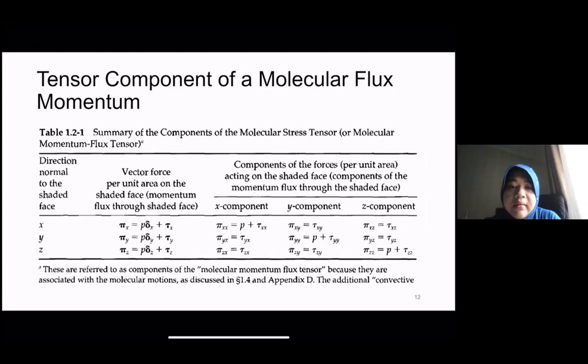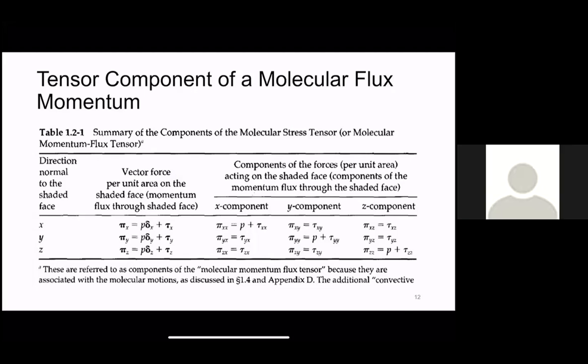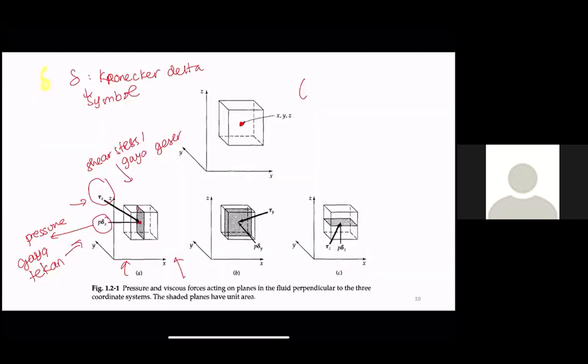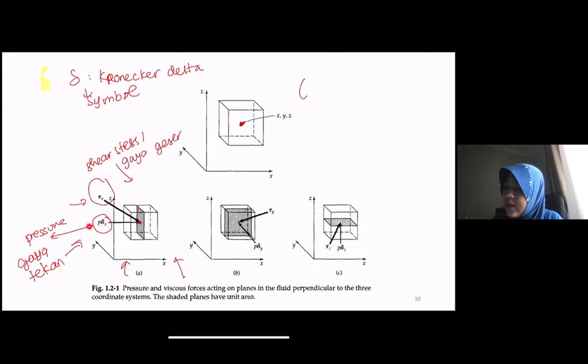Oh, I have a question. Why is it that when i is equal to j there is pressure, but if it's different there is no pressure, or is it the other way around? Yeah, it's because of the Kronecker delta. Why is it that way? Because here's the thing. The Kronecker delta also has three different components, xx, xy, and xz.